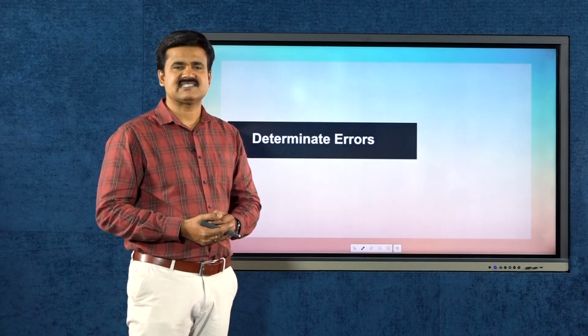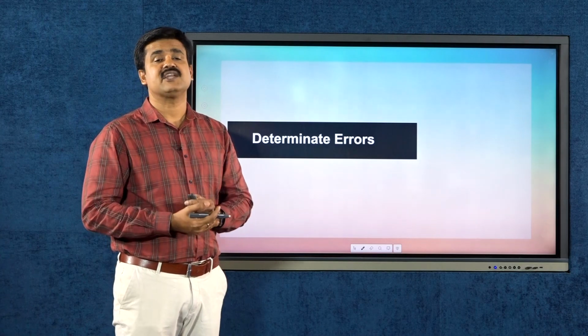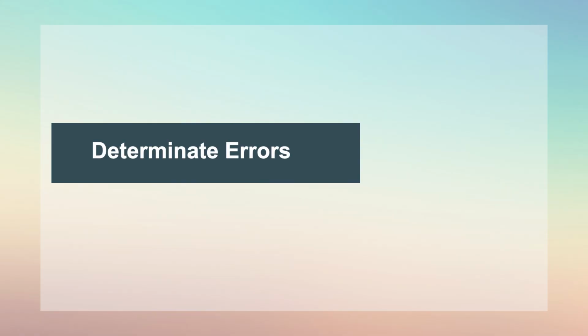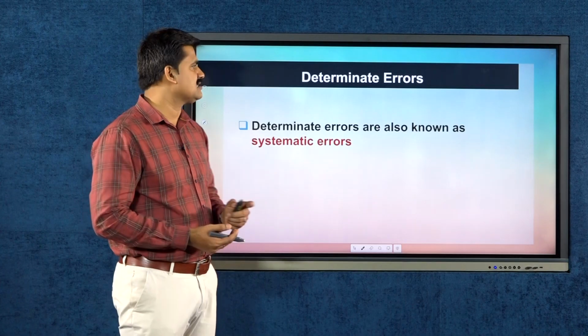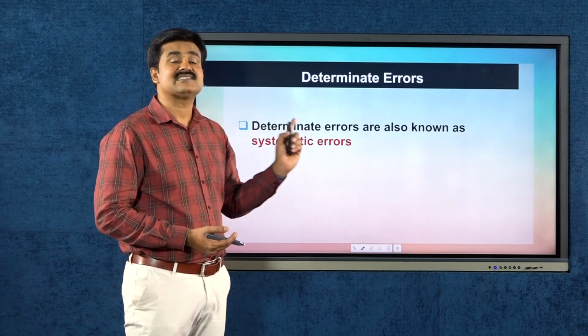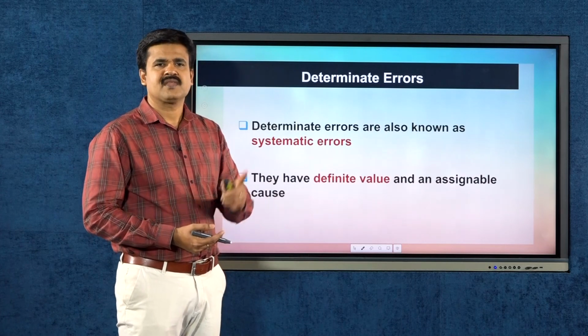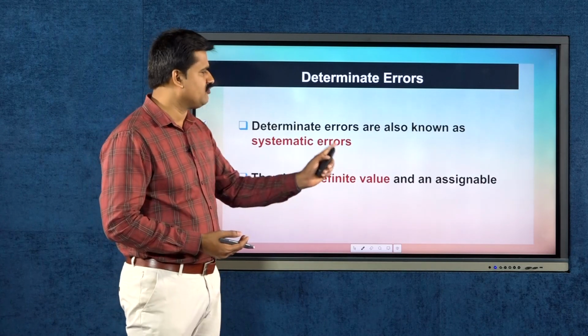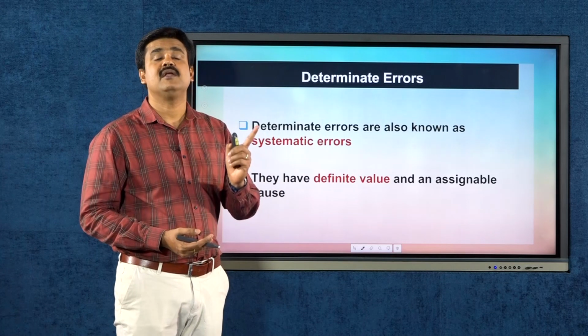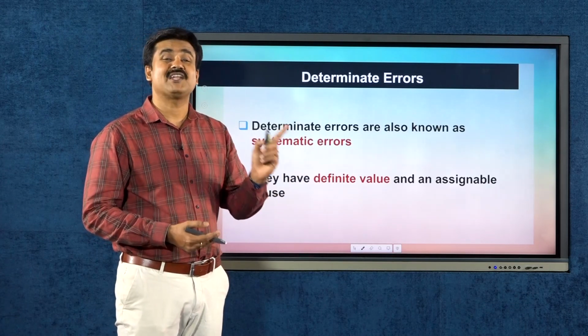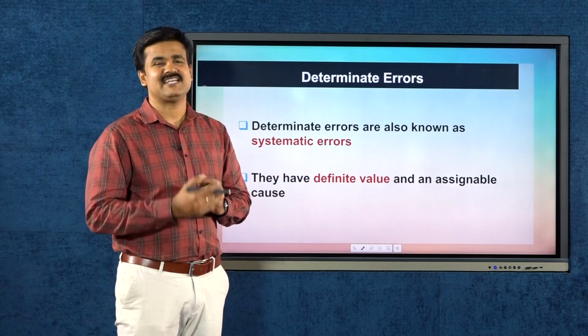Now, we are discussing the first category of errors, that is nothing but determinate errors. Determinate errors are also known as systematic errors. They have definite value and an assignable cause. This is the most important peculiarity of the determinate error.